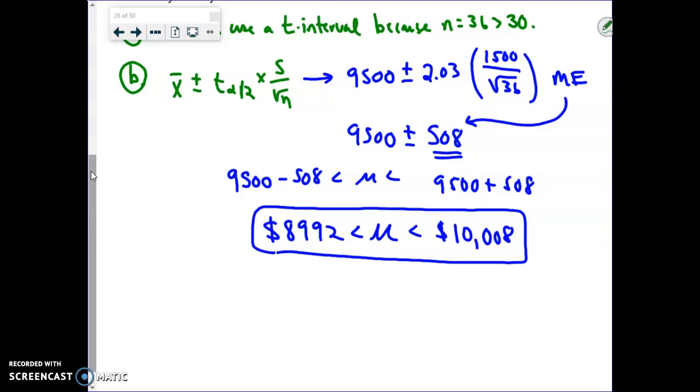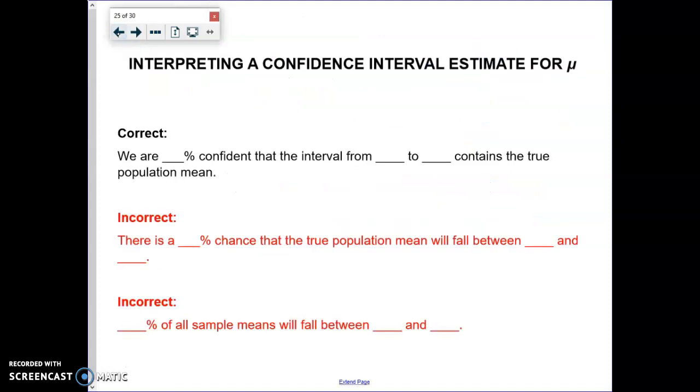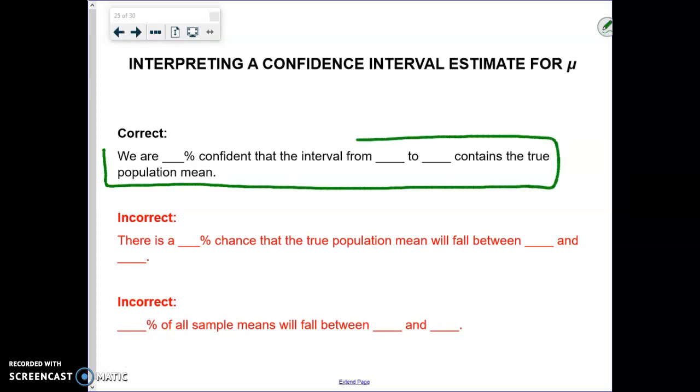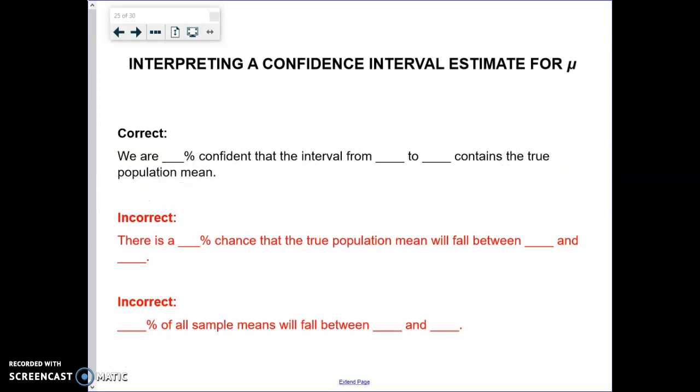Now, how do you interpret that? If you go back to this slide right here, you're basically going to write this statement, filling in the percent and your interval limits, okay? So, let's just do that.